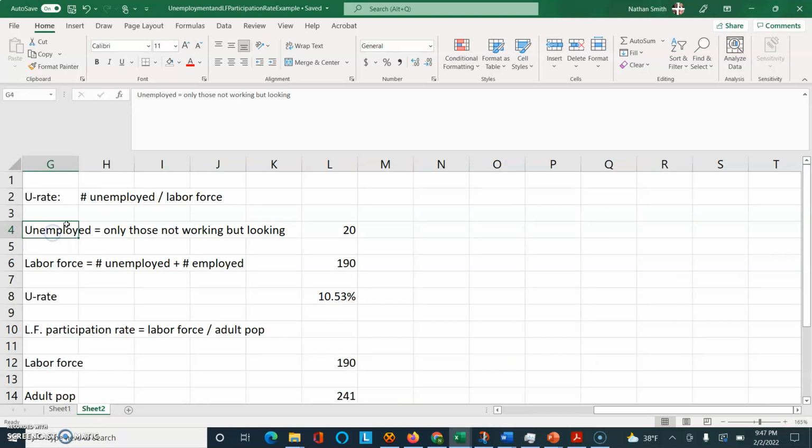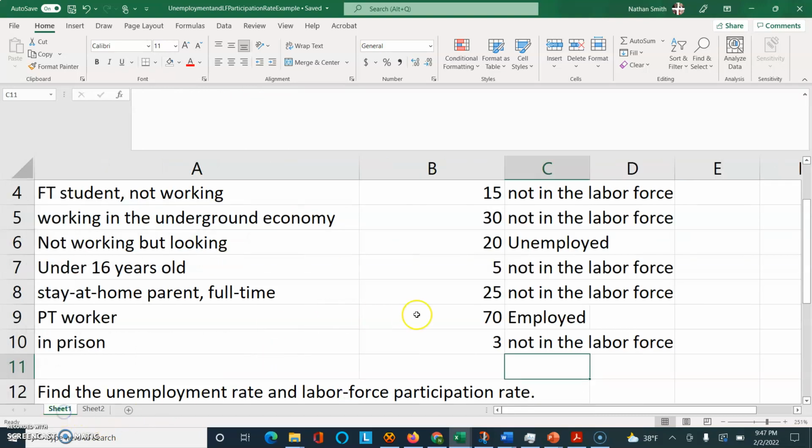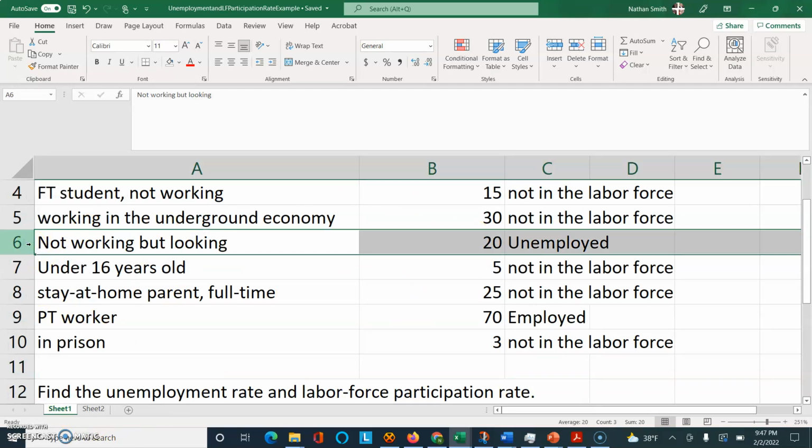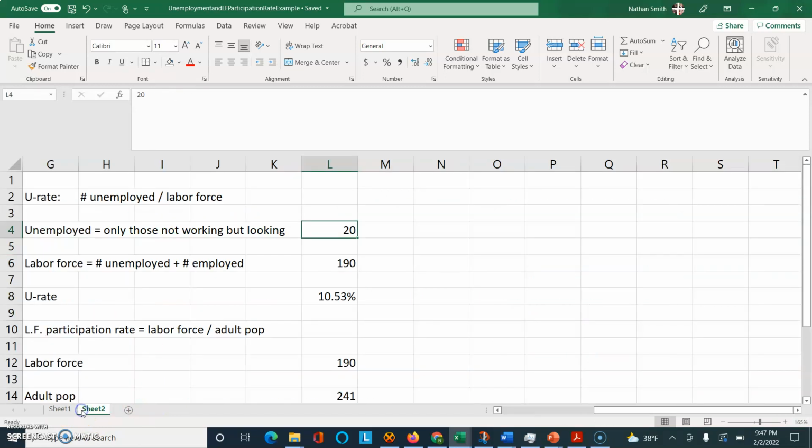The unemployed people are only those who are not working and looking. If we look back to our classification scheme, it's the 20 people here in row 6 who are unemployed. So the first thing you would do, classify those 20 unemployed. The labor force is simply the number of unemployed plus the number of employed.